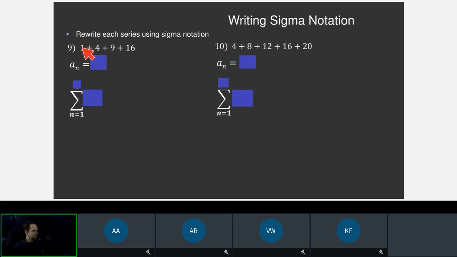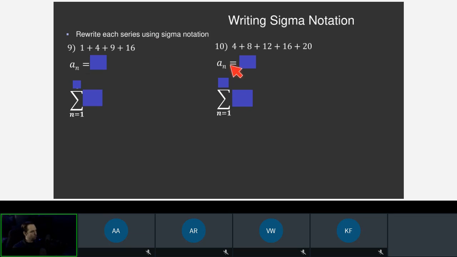Looking at this, 1 plus 3 is 4. 4 plus 3 is not 9. 4 divided by 1 is 4. 9 divided by 4 is not 4. So it's not arithmetic or geometric. These would be the harder problems because then you have to think. You've got to think about what formula can I derive that will give me this sequence.